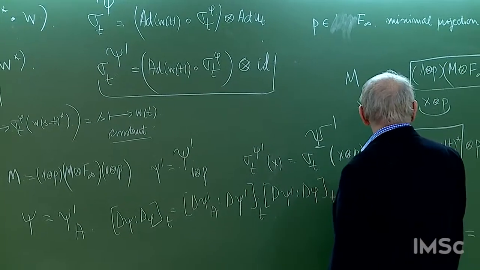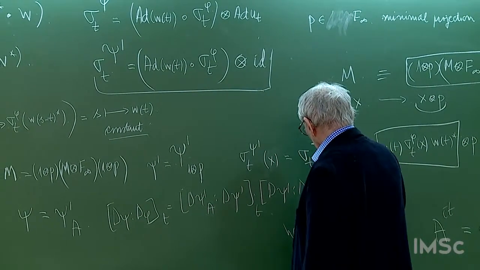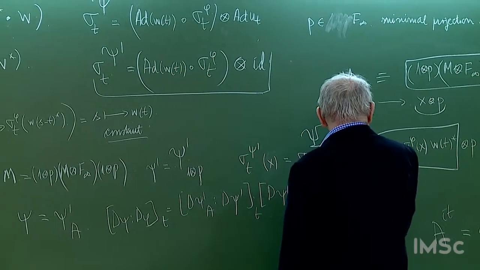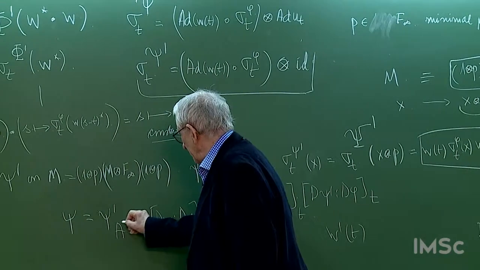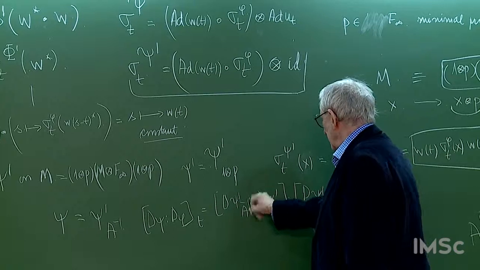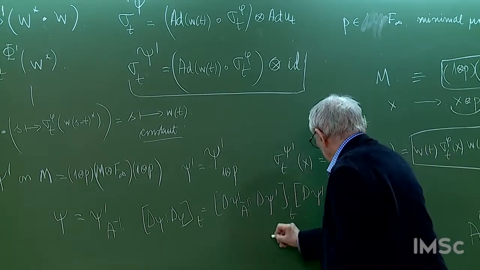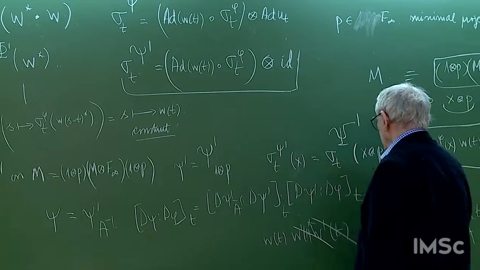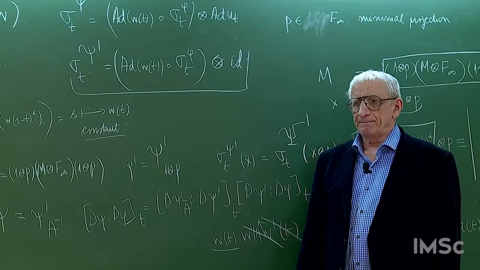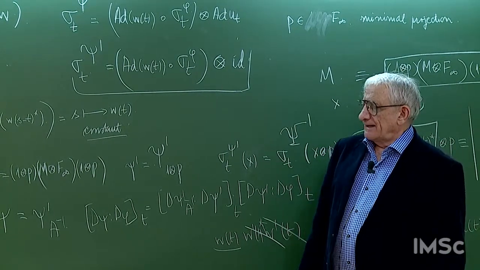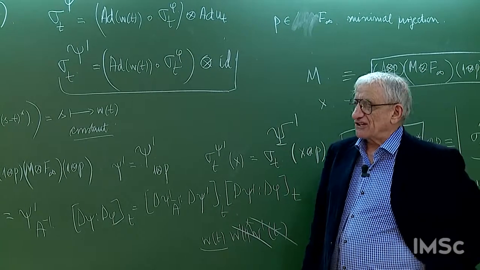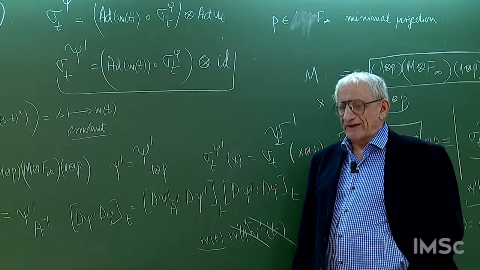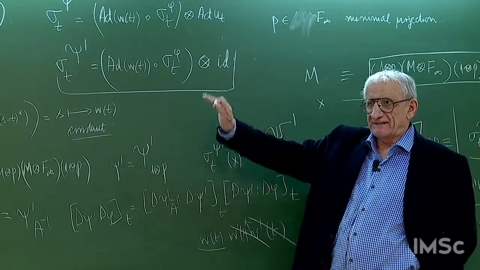And d psi prime over d phi t is w prime of t. And what you get here, maybe I put a minus 1 here, I get v t v prime t star. And this cancelled, and I have v t. So that, indeed, every cocycle corresponds to a normal semi-finite weight once you fixed one weight.